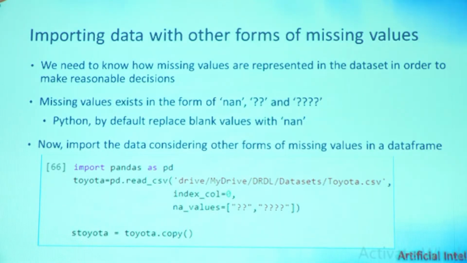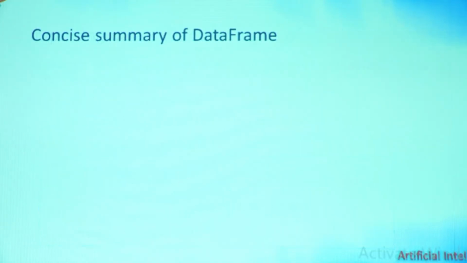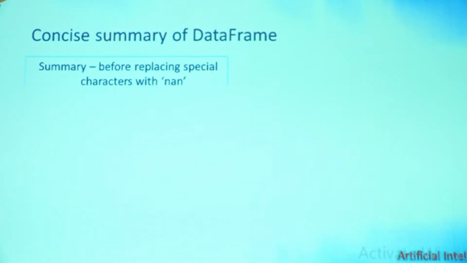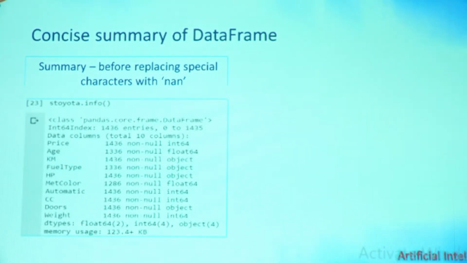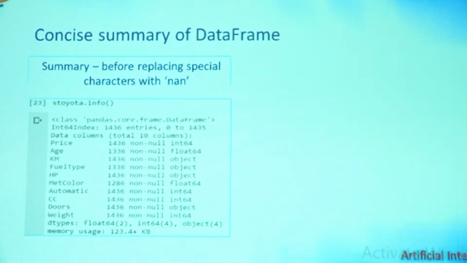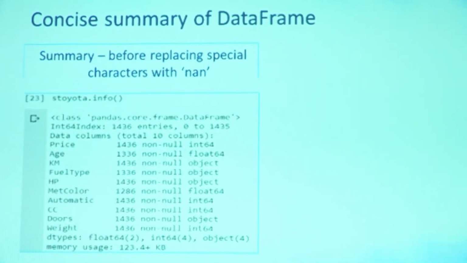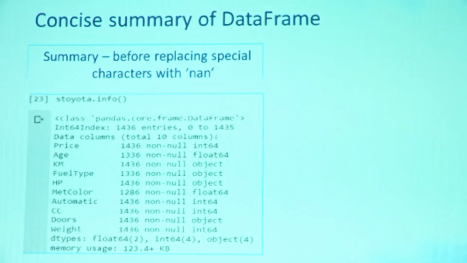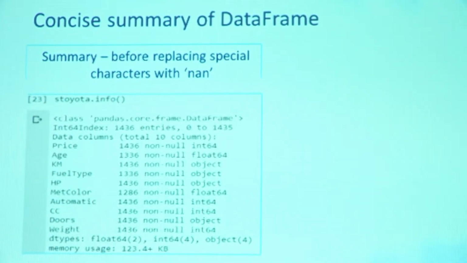So you are with me? You read it with the missing values as question marks? Right. Now guys, this becomes very interesting from here on. Just have a look. Special characters like question mark were not taken as null values before. So this was the summary.